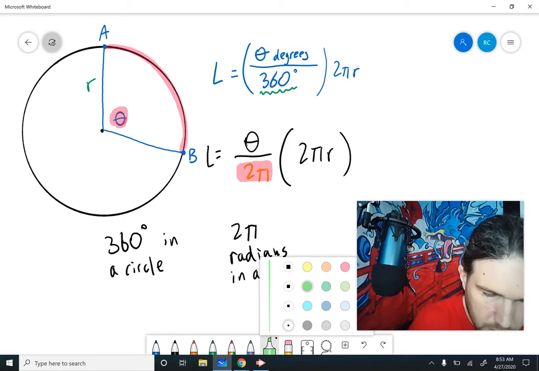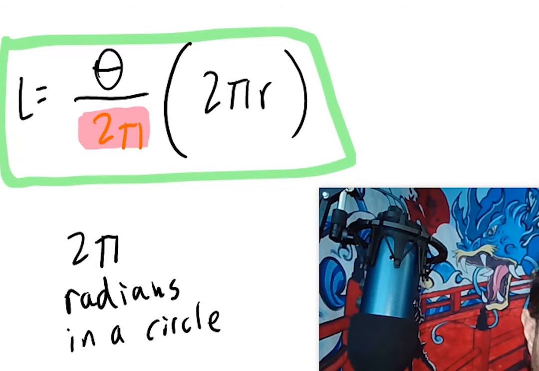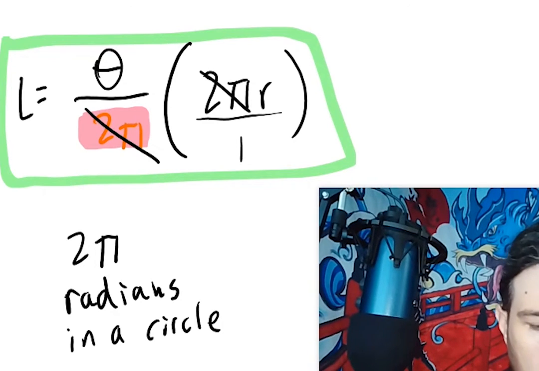Look at what we've done. We now have a 2 pi on the top and a 2 pi on the bottom. That's why we chose 2 pi to be the total amount of radians in a circle, because look at how awesome this becomes.